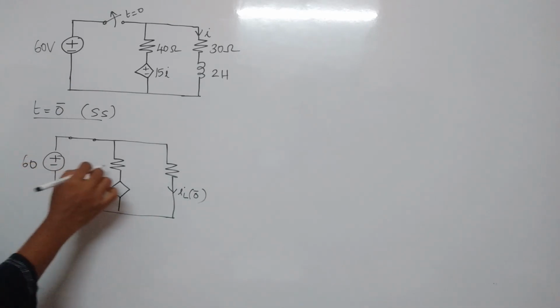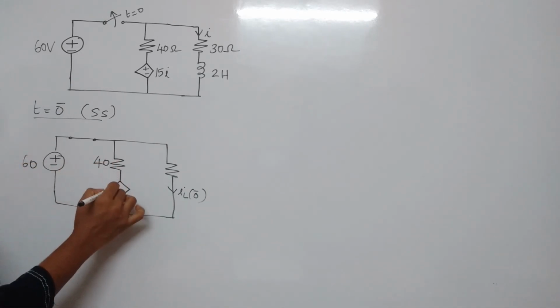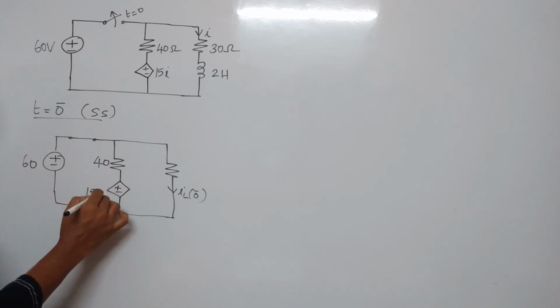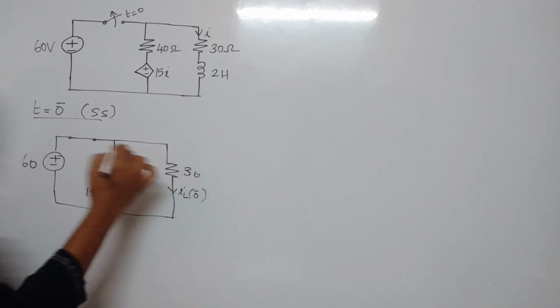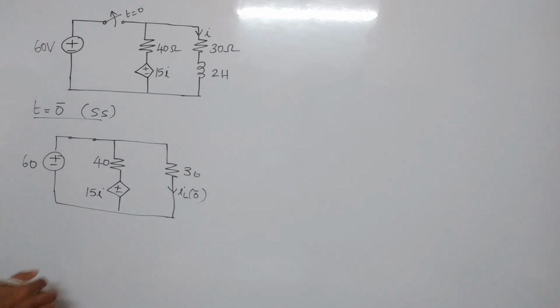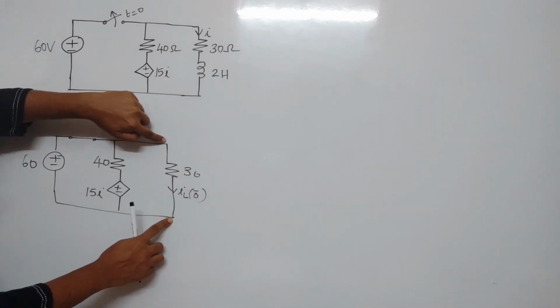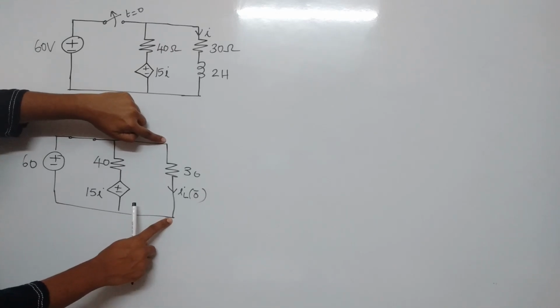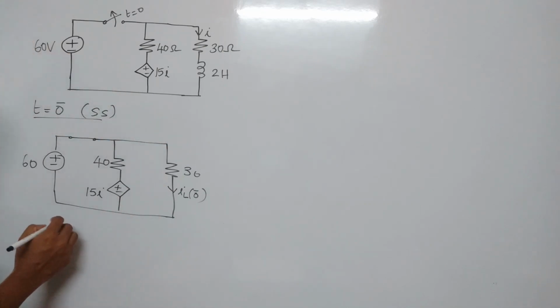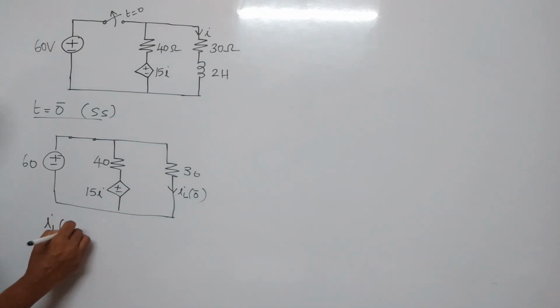This is 60, 40, 15I, 30. So this is 60 volt means the voltage across this point is also 60. So if 60 is the voltage across 30 ohm, then what will be IL of 0 minus?